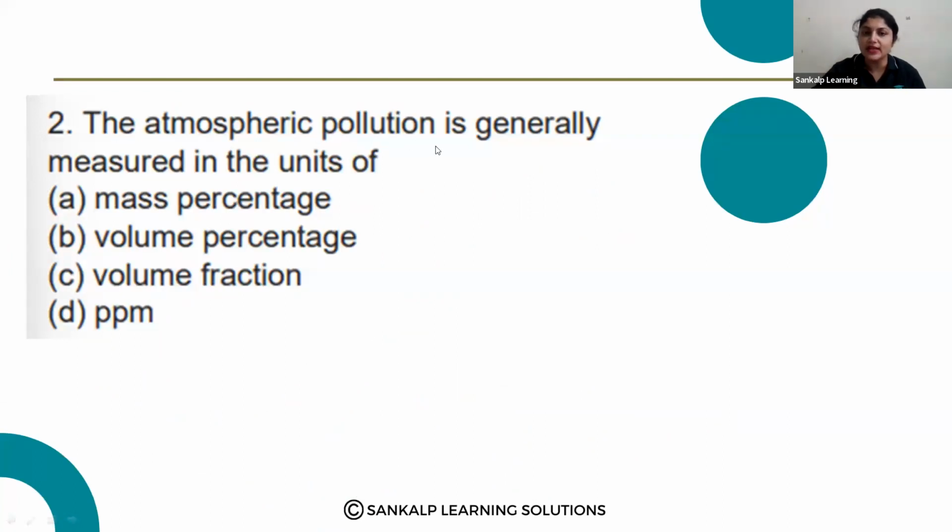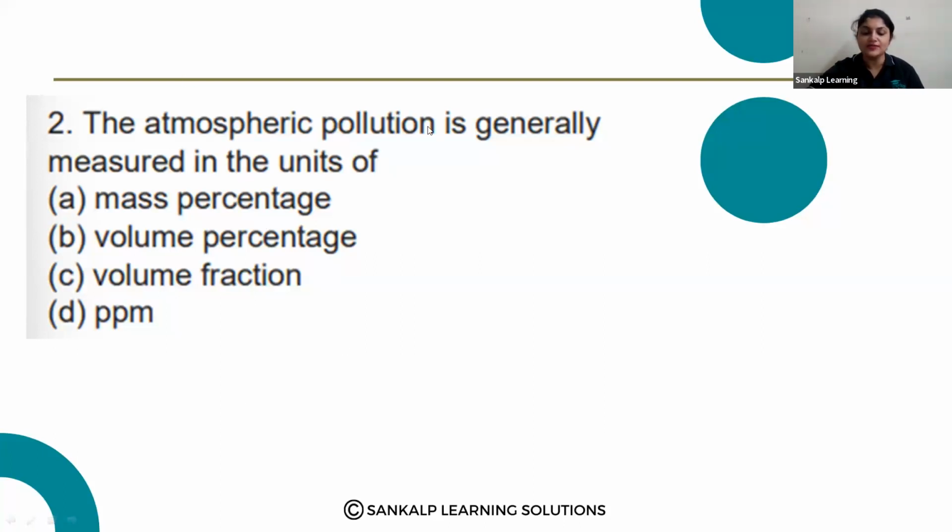The atmospheric pollution is generally measured in the units of, okay. The options are A, mass percentage, B, volume percentage, C, volume fraction, D, ppm. What is ppm? ppm is parts per million.